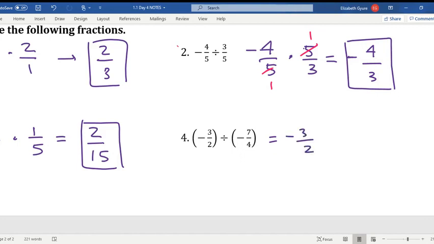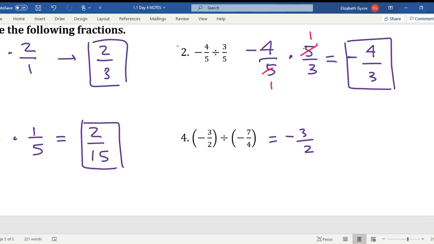Bailey, what do I do next? Well, I don't have to simplify anything yet. We're doing our keep, change, flip. So we kept the first fraction. What do we need to now change? What sign do we change? Into? Correct.